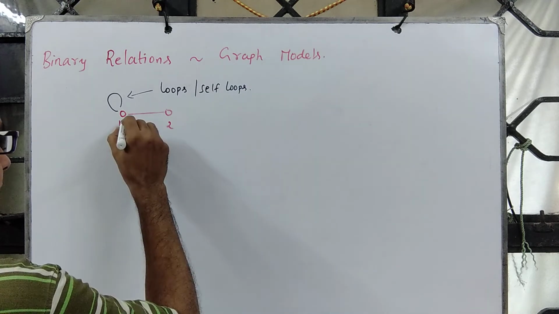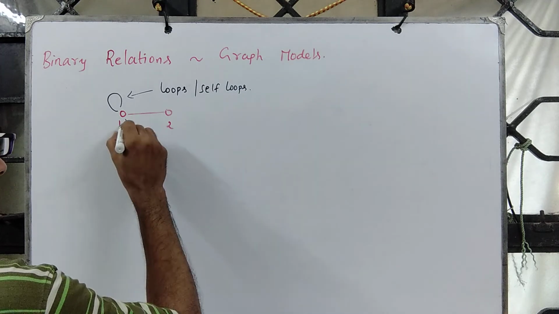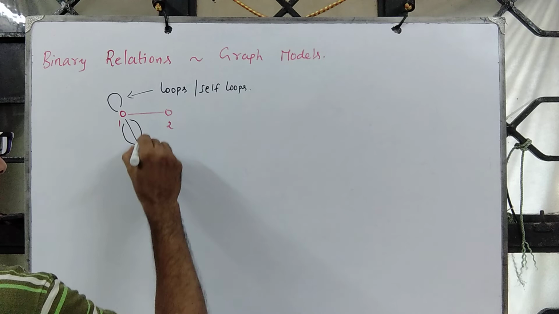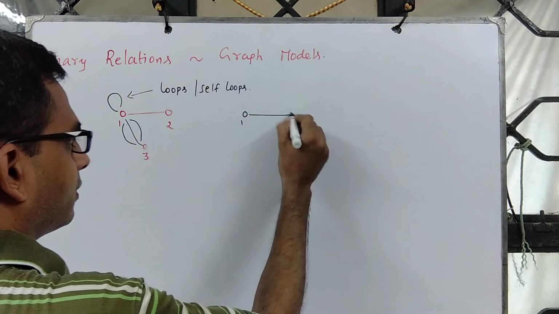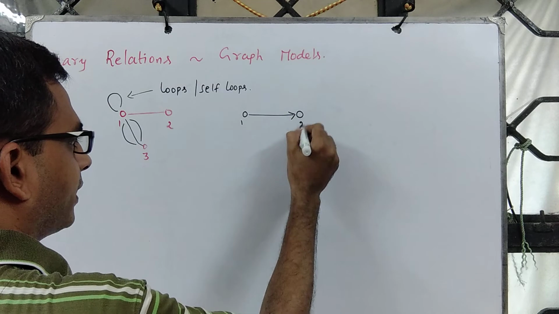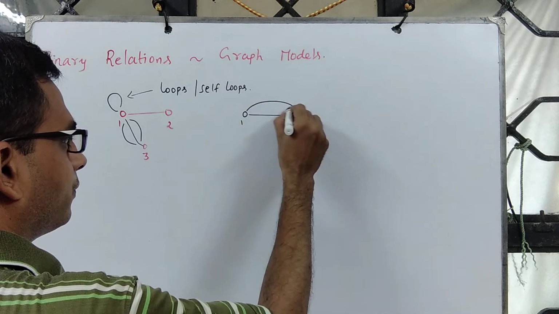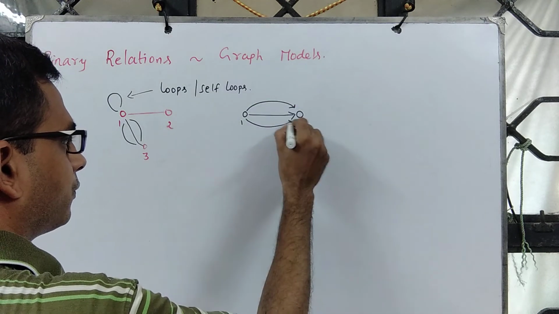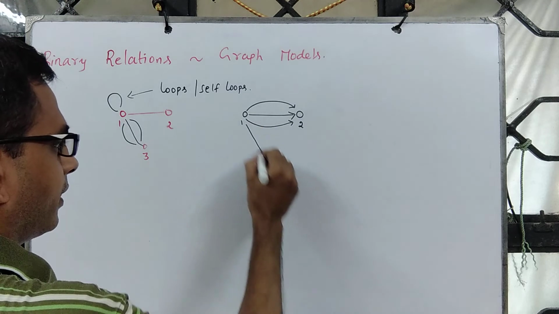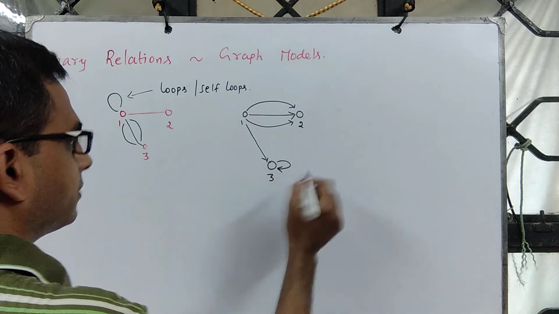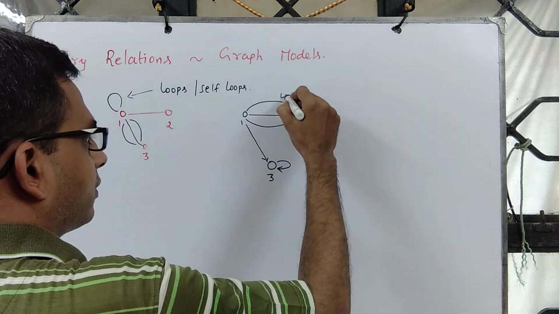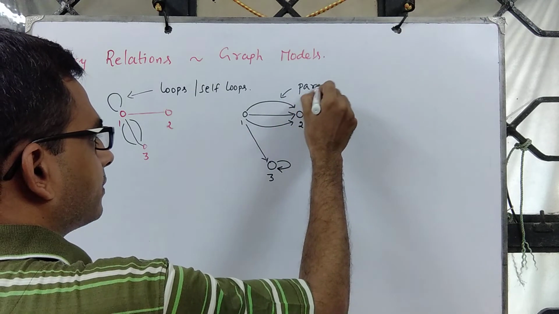We may even get parallel edges, something like this. Or in the directed sense, you may have an arc from 1 to 2, 1 to 2, 1 to 2, something like this. So these edges are called parallel edges.